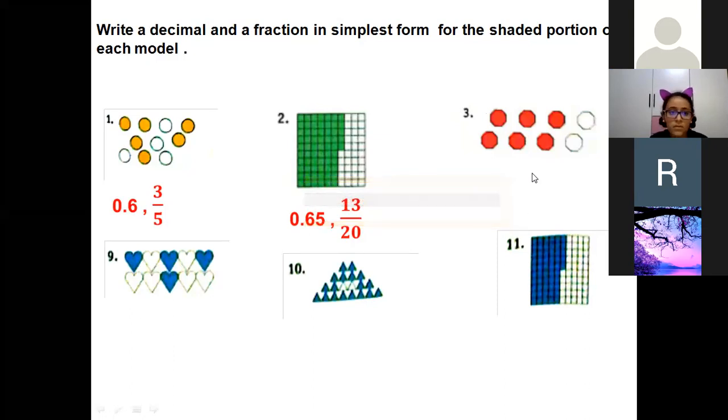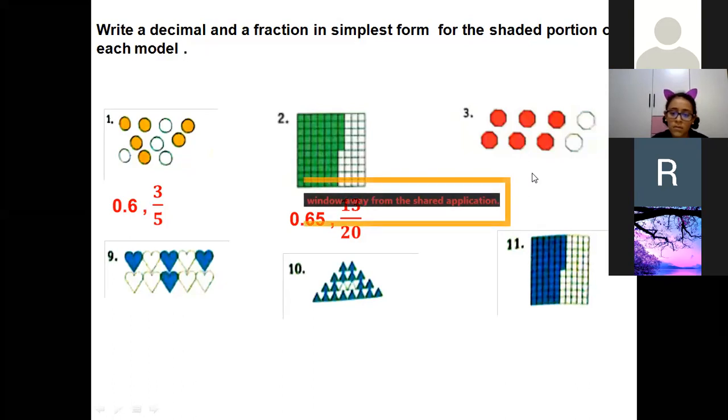Yes. Now 3 out of 4 is a very easy fraction. What's 3 out of 4 as a decimal? We just said it. In the previous slide we talked about 3 quarters. What is it as a decimal?